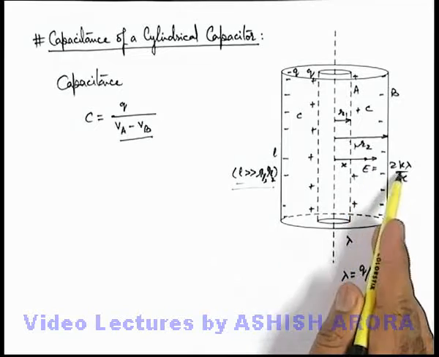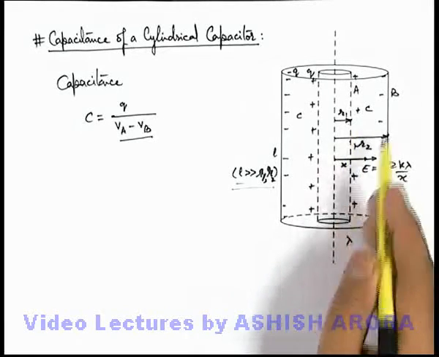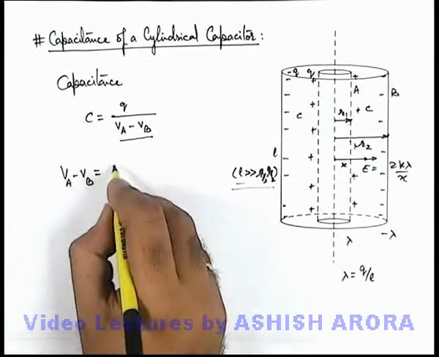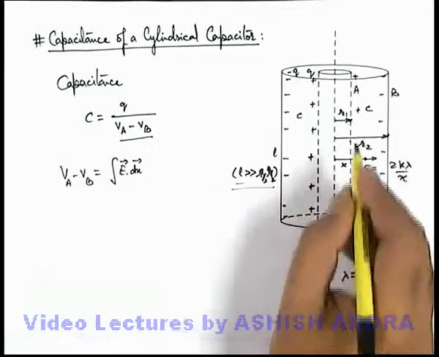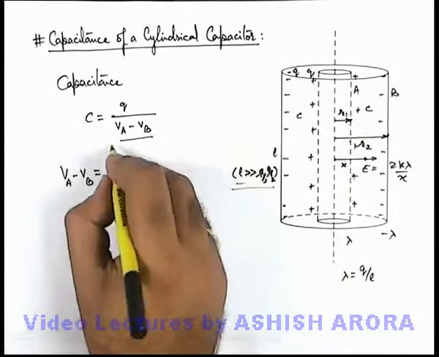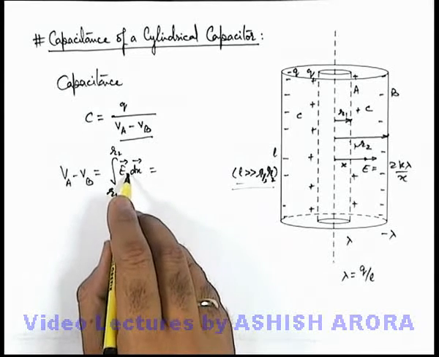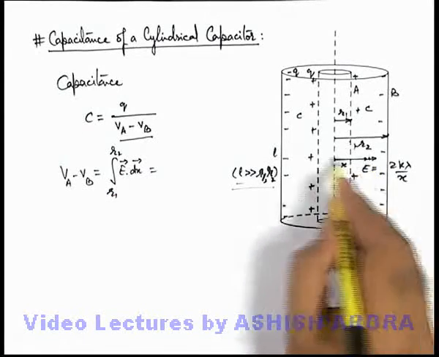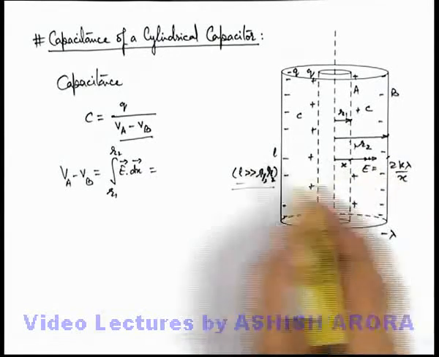And if we know the electric field at a general distance between the two shells A and B, potential difference can be given as VA minus VB equals the integration of E dot dx from shell A to B, that can be integrated from R1 to R2. And here we can omit this dot product because E and dx are in the same direction, because we are finding the potential difference along the same line.